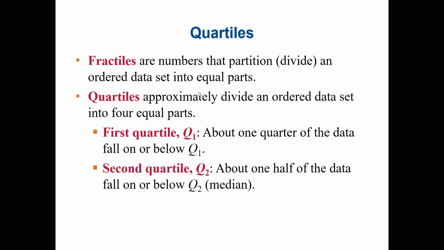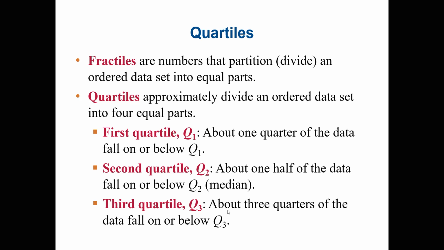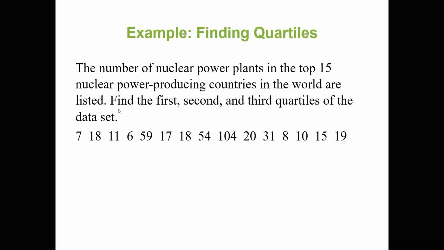Now, given that you've already ordered it, it means it's the first 25%. The second quartile is about half of your data. It falls below that. In other words, we are talking of the median. And the third quartile, you are looking at 75%. Let's take a look at this example to make sense of quartiles.